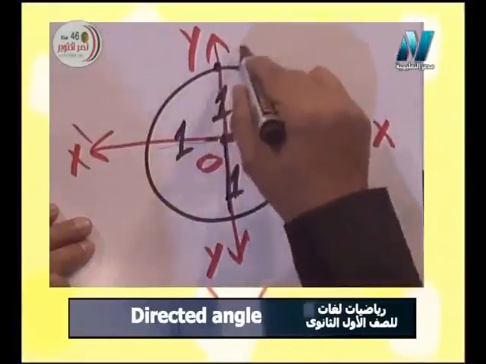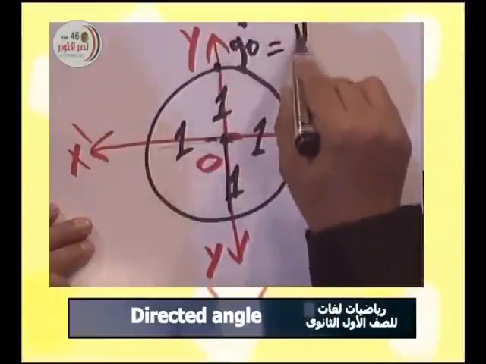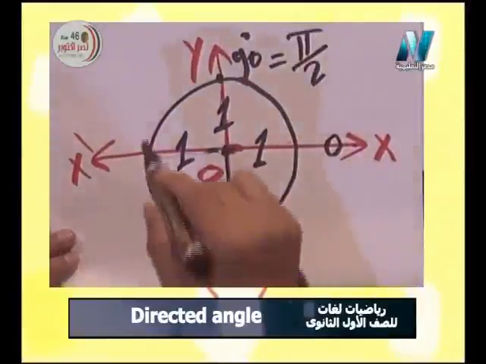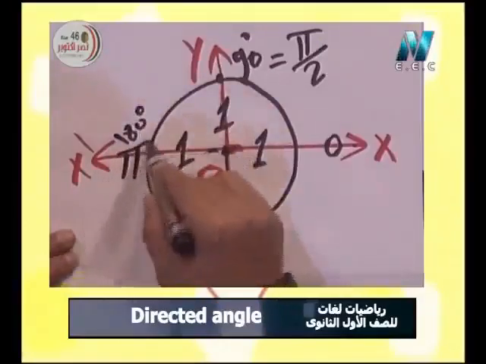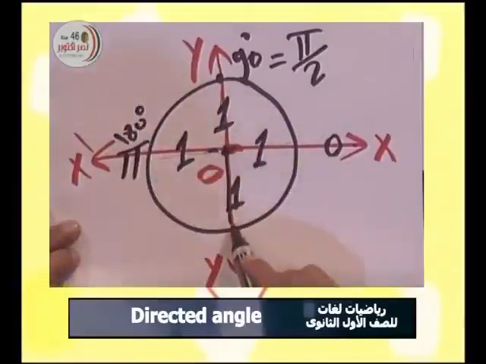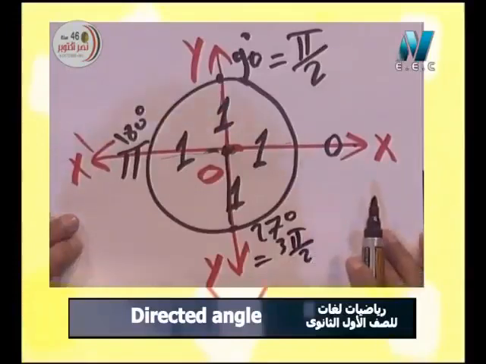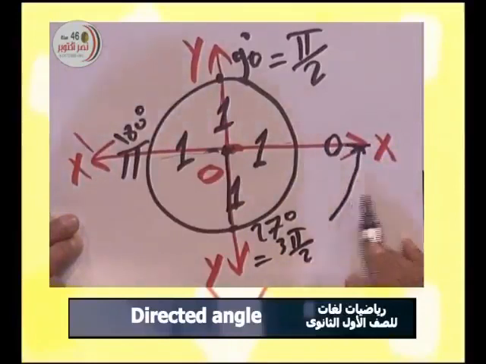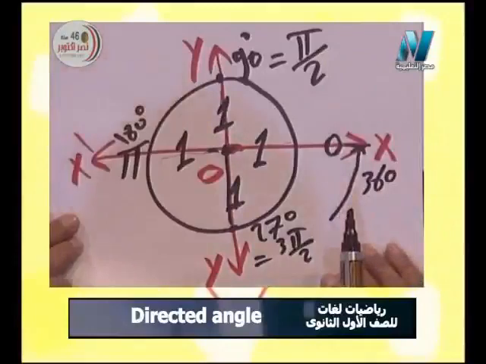Okay, we know that here is 0 degree and here 90 degrees, which is equivalent to pi over 2 as radian. Here 180 degrees or pi. Here 270 degrees or 3 pi over 2. And return again to the beginning side, which is 360 degrees or 0 degrees.